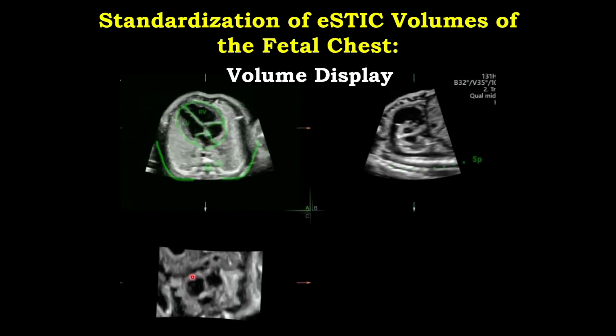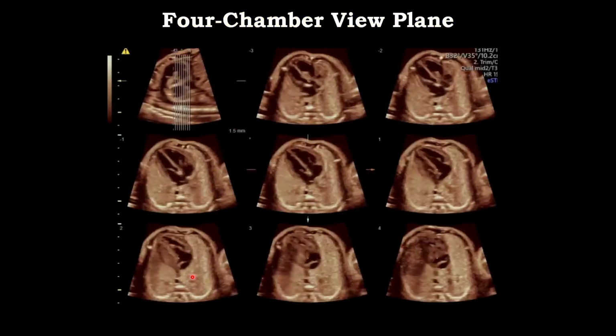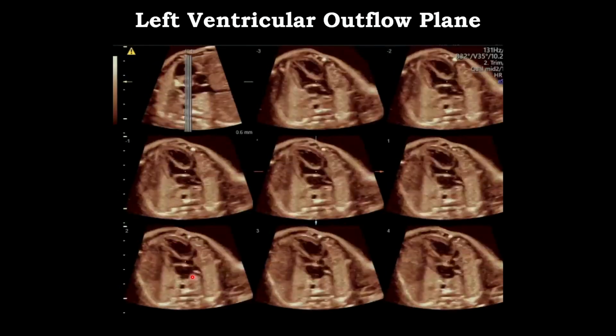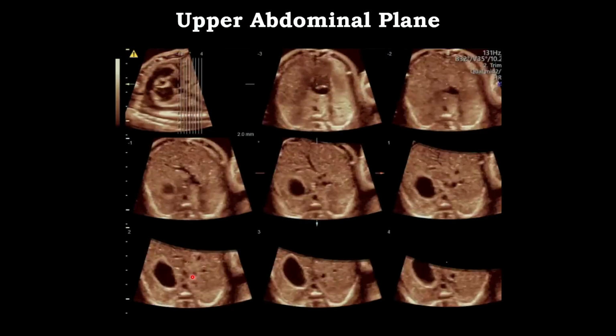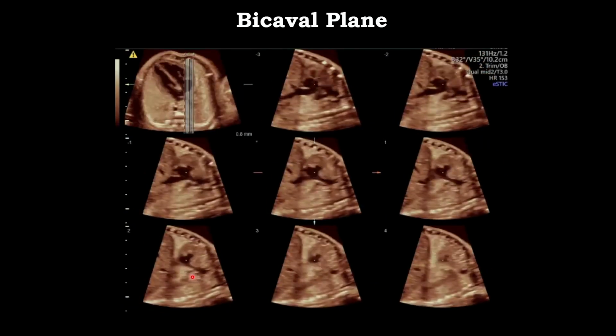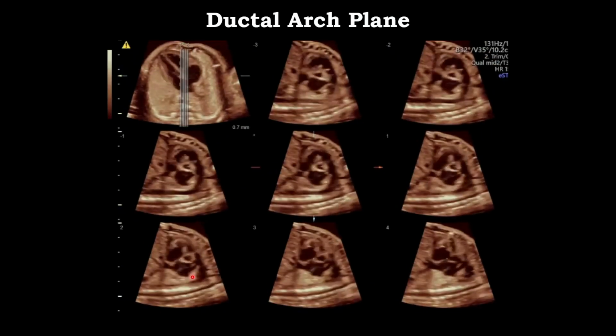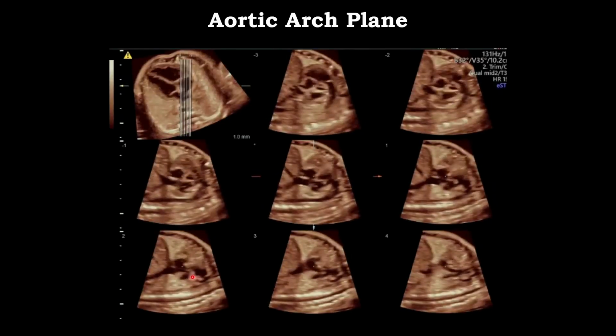After that, everything is placed in the certain position by the system, and the only thing you need to do is switch between the 4-chamber view, the LVOT, the RVOT, the situs, and the sagittal planes such as the bicaval view, ductal arch, and aortic arch.